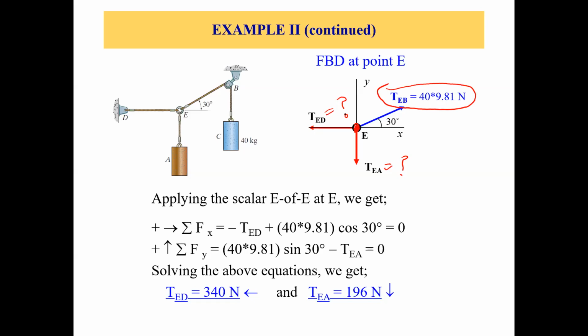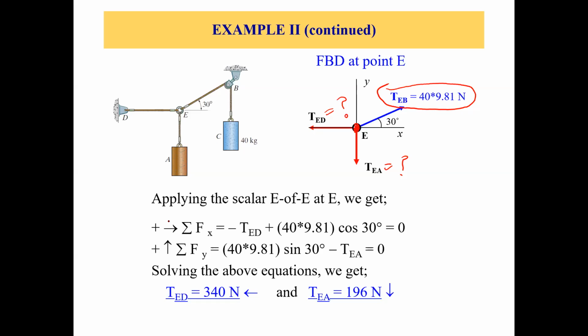Once we have two unknowns, we can solve the system because we have two equations of equilibrium in two dimensions. So let's apply equations of equilibrium on this free body diagram.